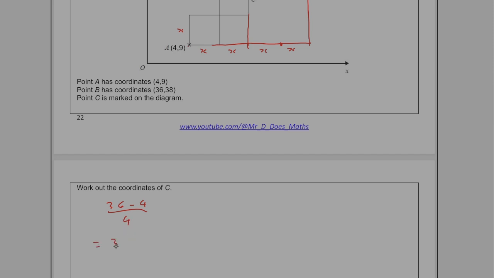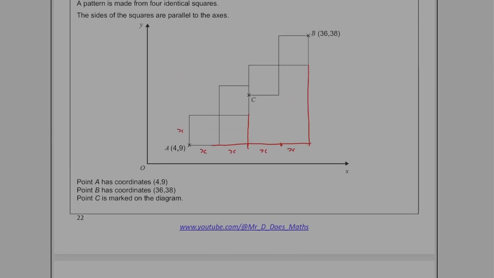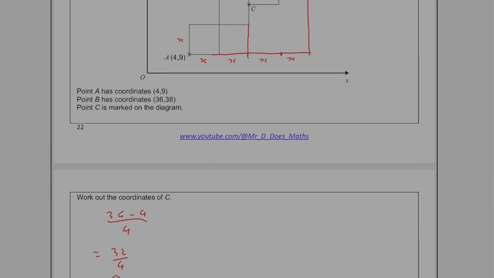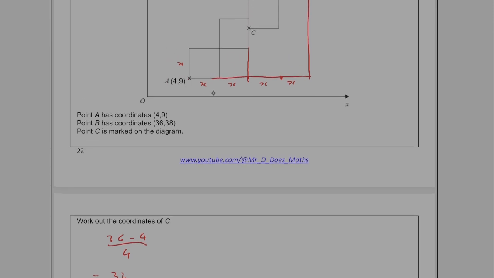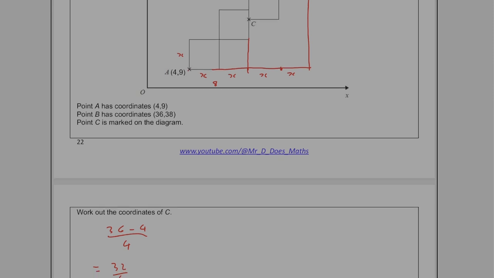So that's going to be 32 over 4, which is going to give us 8, meaning that each side of the square should be 8. So C's coordinate is going to be 4 plus lots of X. So that's going to be 4 plus 16.